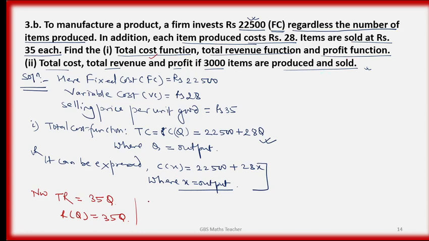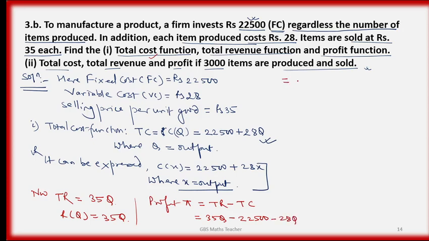What is pi? Profit function pi equals TR minus TC. What is total revenue? Total revenue is 35Q, minus TC, total cost is 22,500 plus 28Q.